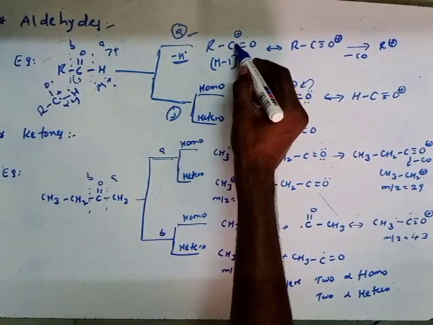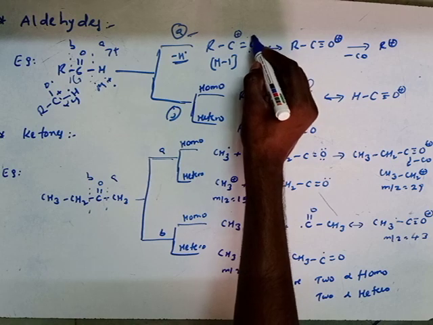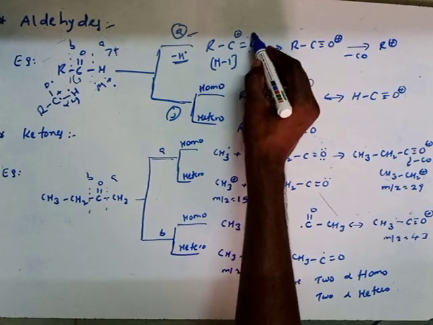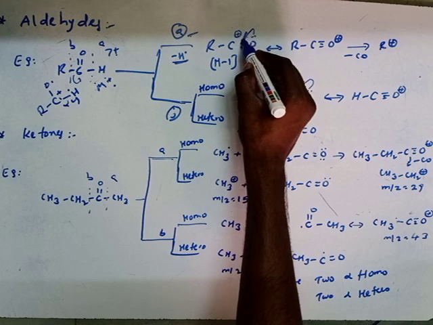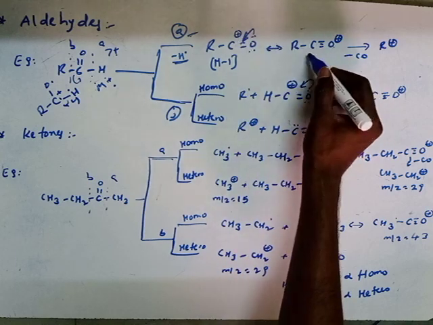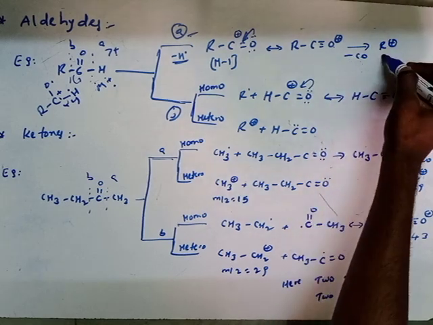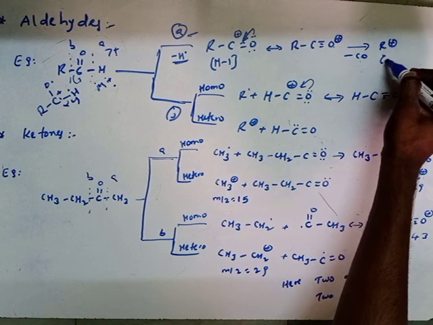This is the positive charge, okay? And it undergoes rearrangement, meaning resonance structures. The electrons move to here, and the positive charge comes here. It will be resonance structures, and by loss of CO it will be converted into an alkyl carbocation. Okay, this is the carbocation.